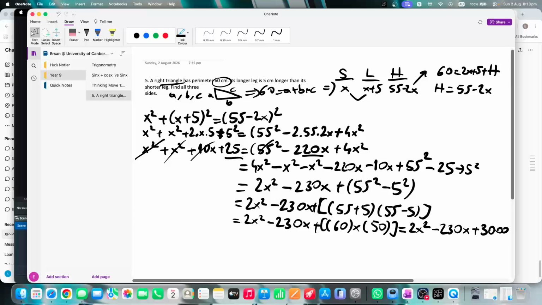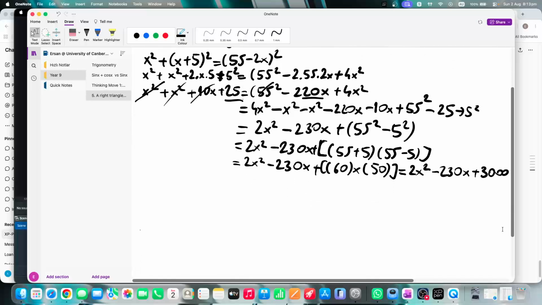Alright, so I'm going to scroll down a little bit. So then if I divide this, this is 0 by the way, that's why I'm not writing anything here, as you know. I'm just dividing everything by 2, guys. So 115x, and because I can divide 0 by 2, which is 0, that's why 1500.